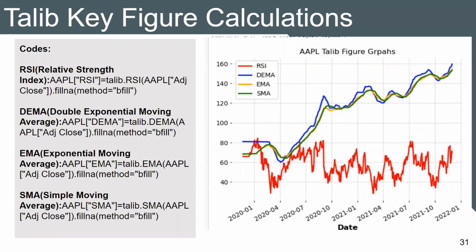Relative strength index is a technical indicator used in financial market analysis. It aims to map the current and historical strength or weakness of a stock or market. And also we use the double exponential moving weighted average.